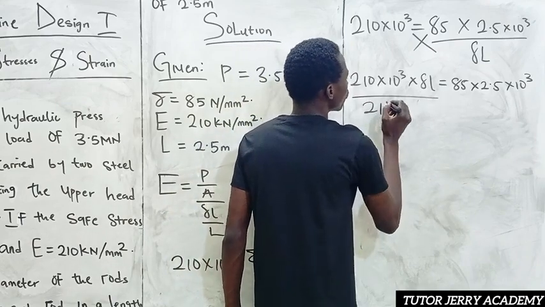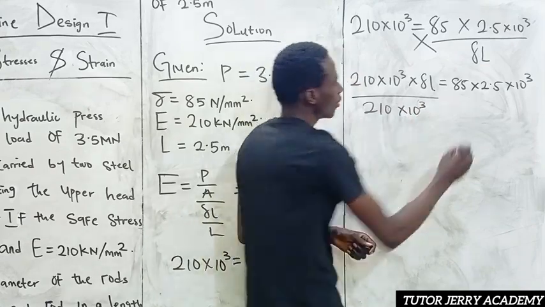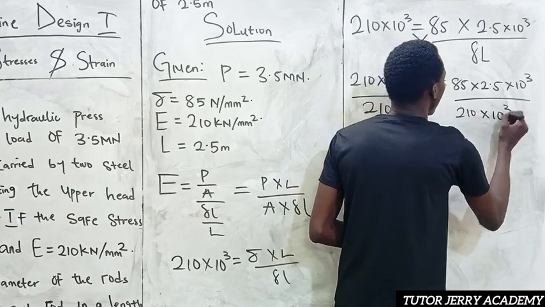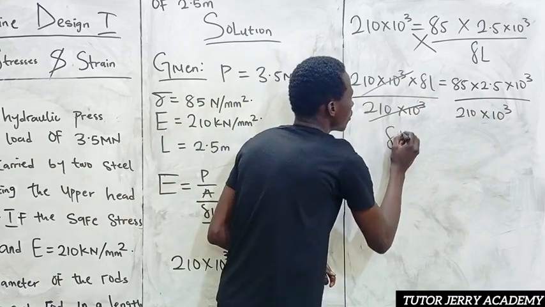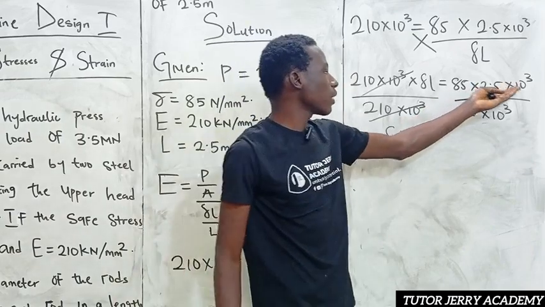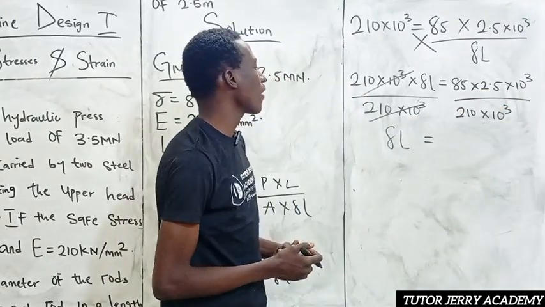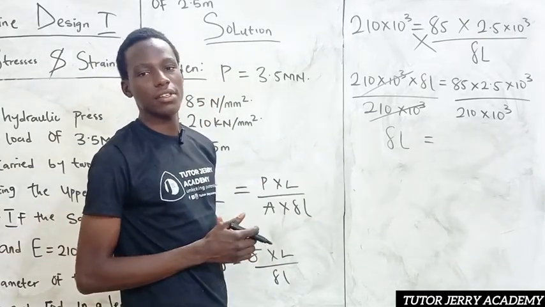Of course, this will go with this, and my change in length will be equal to, just multiply these two and then do your division, nothing but 1.012 millimeter as your change in length.